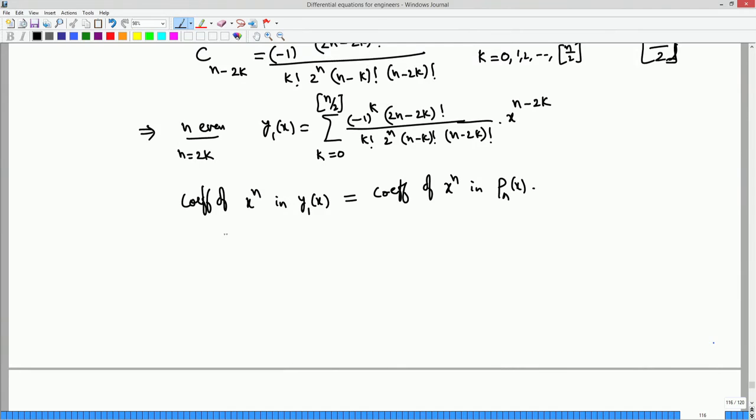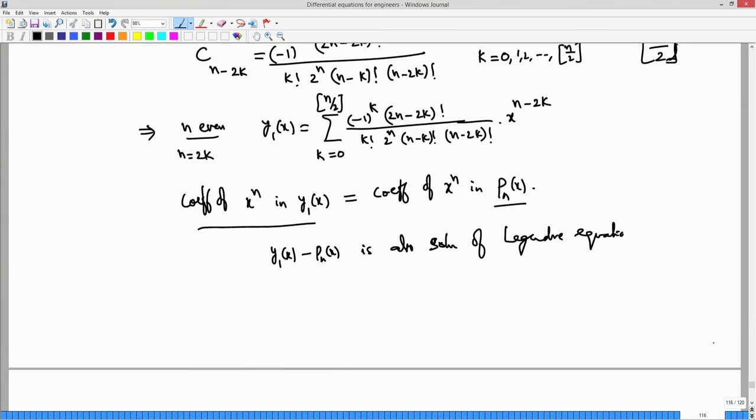Both are solutions, y1 and Pn of x are solutions of the Legendre equation. y1 of x minus Pn of x is also a solution of the Legendre equation. What is this one? If you have the same coefficient, when you take the difference, this will be an n minus 1th degree solution of the equation with alpha equal to n. Is it possible? An n minus 1th degree polynomial solution you will not get for the Legendre equation with alpha equal to n unless it is 0.